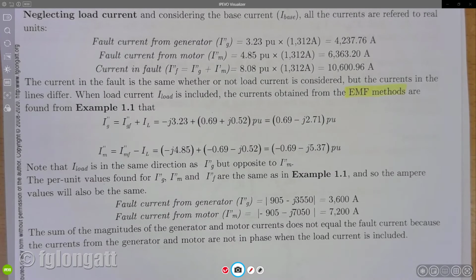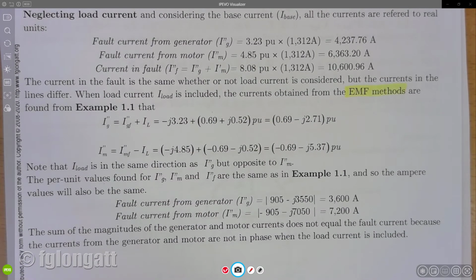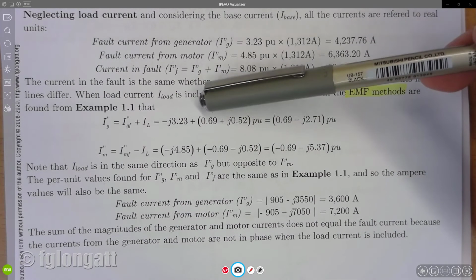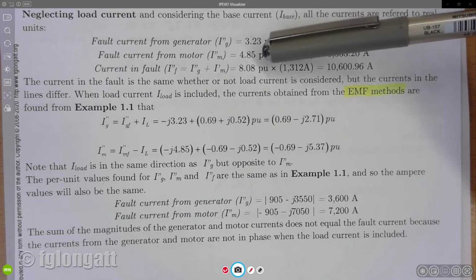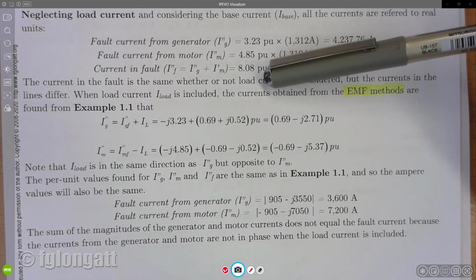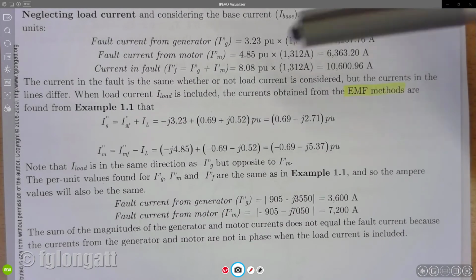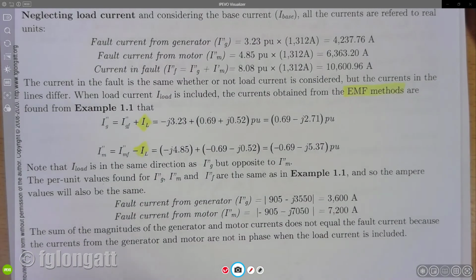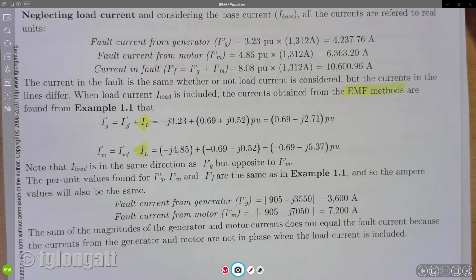And using the EMF method, we obtained the full results considering the load currents, okay? However, in this case, I use Thevenin, and Thevenin gives me the solution without the load current. And here, what I am doing is including the load current to the previously calculated short circuit currents.